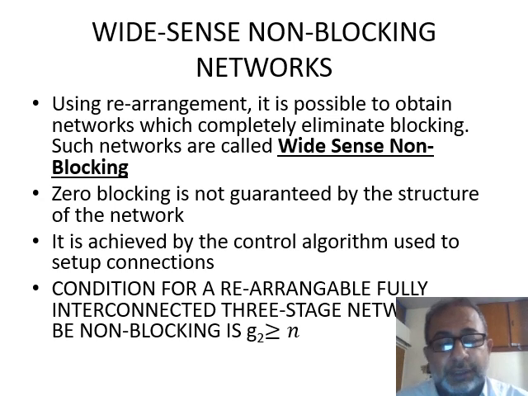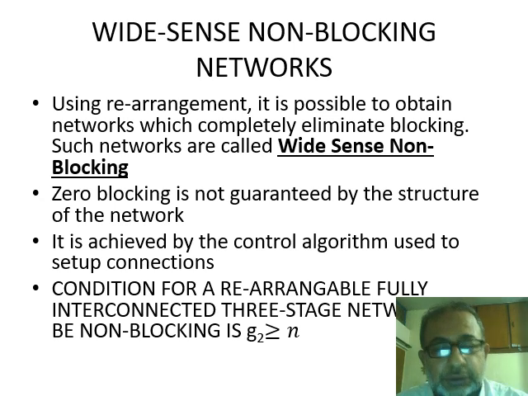If we do have a rearrangeable network, then we can use a system with the total number of secondary switches less than or greater than n. We can make G2 greater than or equal to n. So it can be a little bit more also, but at least we should have small n number of secondary switches.